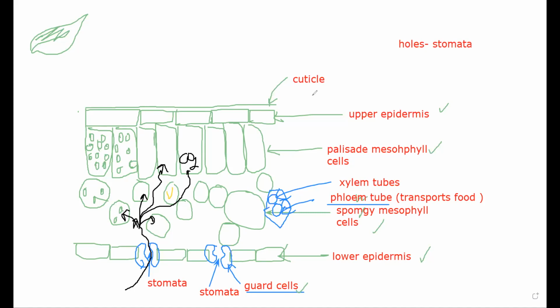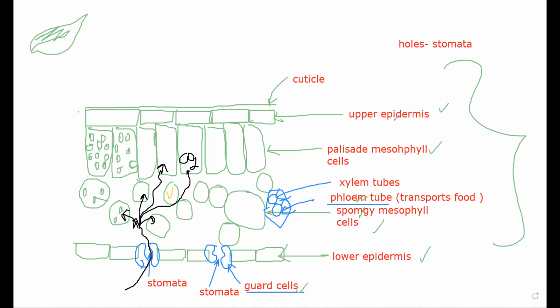What is it called? I have labeled it. What is the thick outer layer of the upper epidermis called? A Vaseline-like layer. No, cuticle.